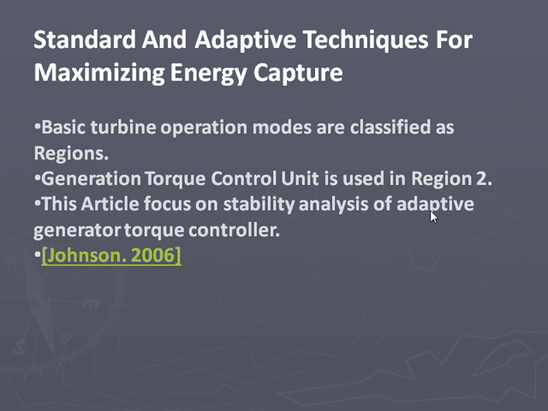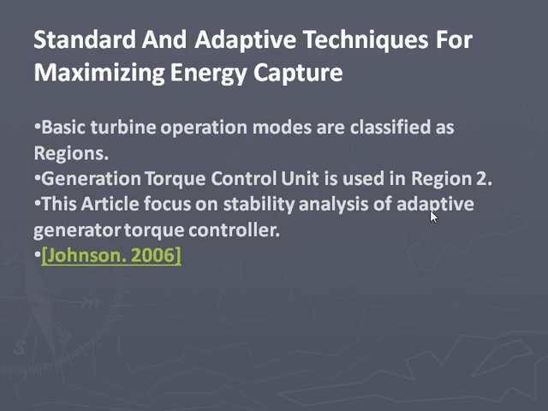Region 2 is where you get maximum energy at low or moderate speeds. In this region, there is a control unit called the General Torque Control Unit, and in this article, this control unit is made adaptive and undergoes a stability analysis.